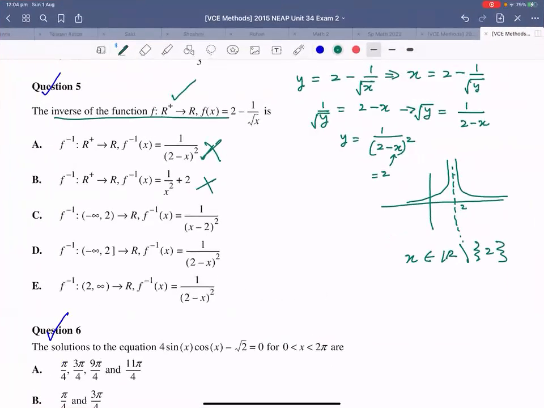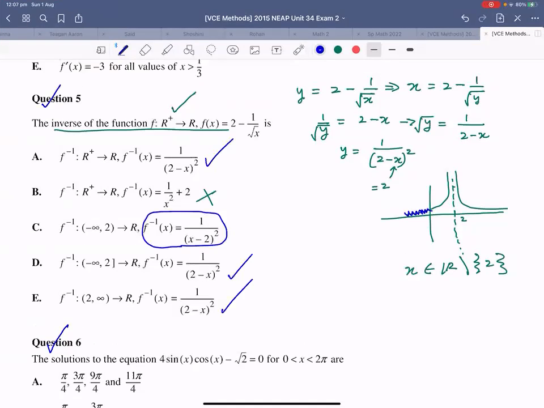Okay, so that means you have to get rid of this, right? Because R plus. So what will be the answer for this?